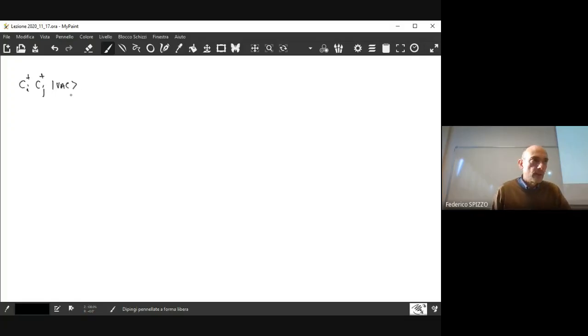This is just to simplify the calculation, but the result is exactly the same if in place of vacuum we use another state. Since the ordering of the levels is important, I have to assume what is the order of level i with respect to level j. I assume that, but this choice has no impact on the final result. I assume that, using the ordering that I apply to the levels, level i appears before level j.